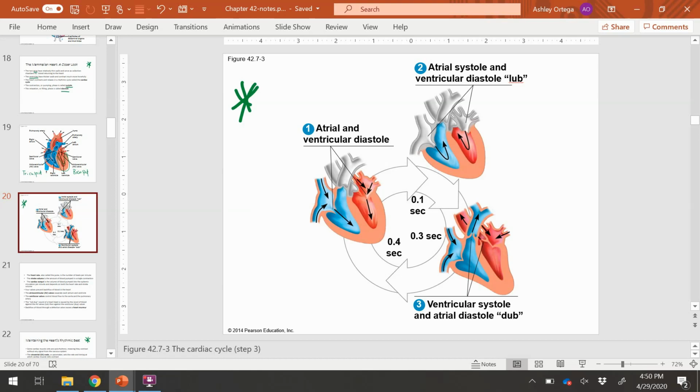At this stage, the atria are already in diastole, a relaxation phase, filling up. And as soon as that is done, about 0.4 seconds later, it's going to be filling up both atria and the ventricular chambers. And so that's the cardiac cycle. The first part is filling up the heart, then the atria contract, making the lub, then the ventricles contract, making the dub, and then it goes back to filling up again.